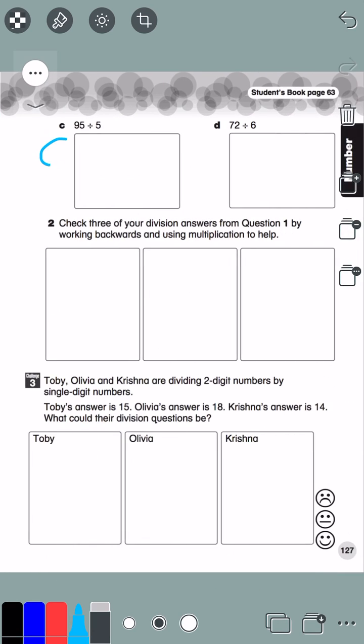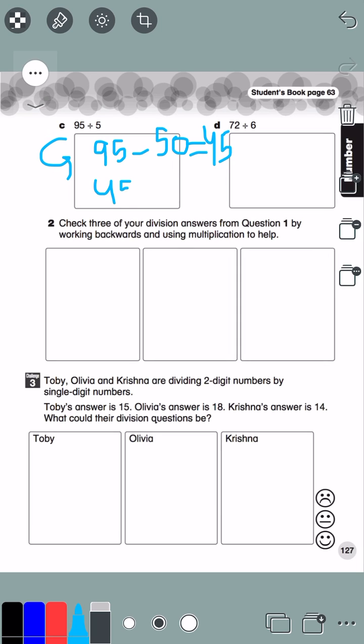Now we're going to stick with our way. So 95 minus 50, and that equals, we're taking the answer and putting it here. So 95 minus 50 equals 45.